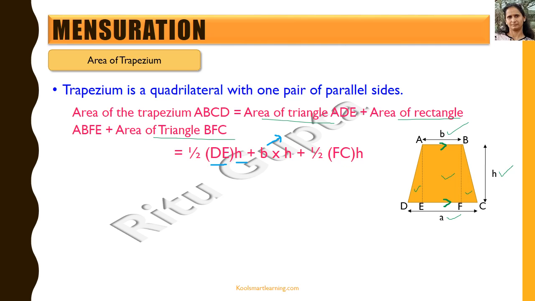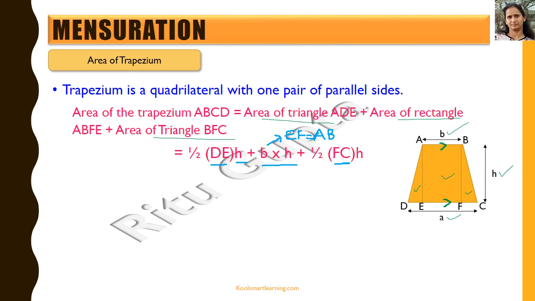Because this is a rectangle, EF is equal to AB, which is given to be B to us. So the area of this rectangle becomes B into H. Now area of the triangle BFC is half into FC into H.